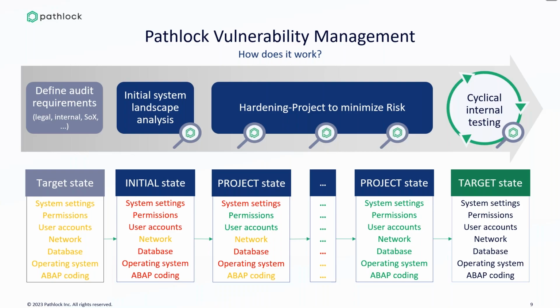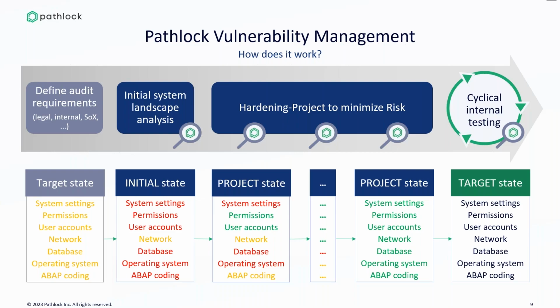The first thing is we define an audit requirement. It can be based on internal requirements, SOX for sure, GDPR if necessary, or some special things in defense, for example, whatever other legal requirements are needed. And based on these audit requirements, we create a target state.